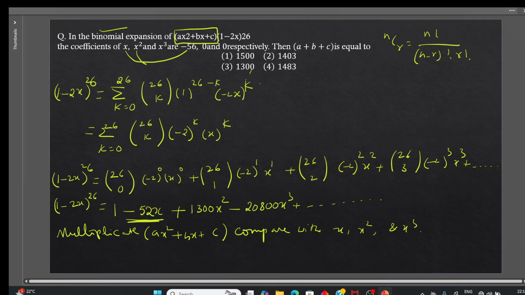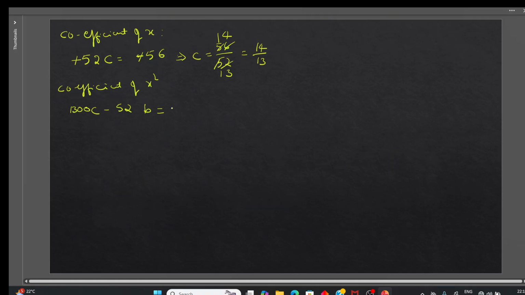In the question, the coefficient of x square is given as 0, so it is equal to 0. So now we get b is equal to 1300c by 52. 13 ones are 13, 13 fours are 52, so we get 25c.